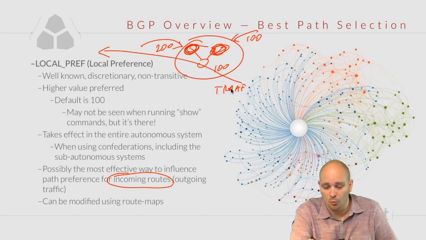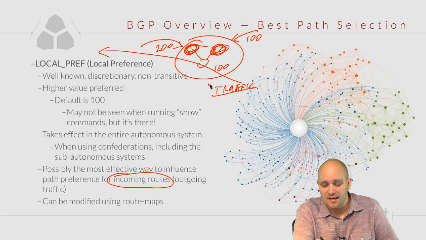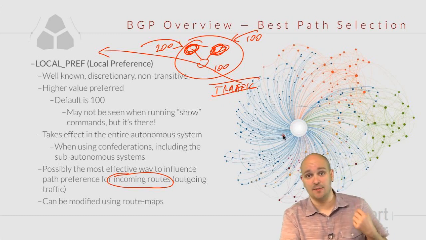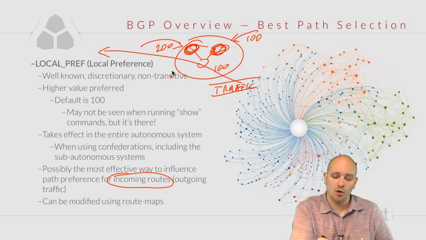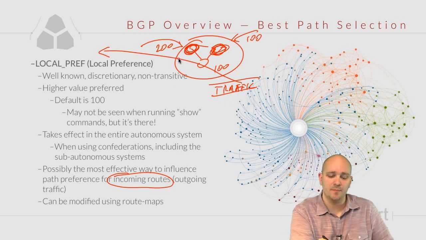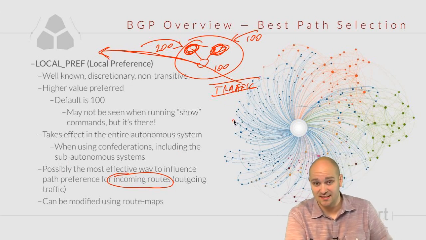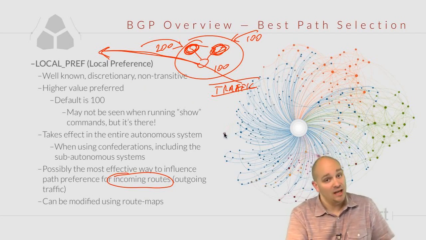Remember that it is always the incoming route means outgoing traffic. Outgoing route means incoming traffic. So setting the local preference to a higher value simply means that we are preferring to send the traffic towards that destination. If we want to influence the incoming traffic, or that means outgoing routes, we have to look at other attributes.